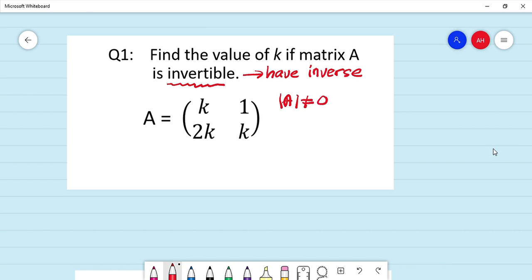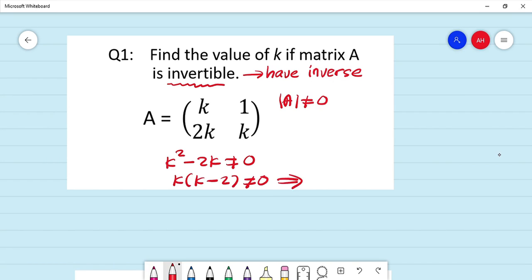Thus, we can find the determinant of A, that is k times k, we have k squared minus 2k times 1 is 2k, must not equal to 0. Now let's solve this. We can factorize k, right? k multiplied by (k minus 2) must not equal to 0.